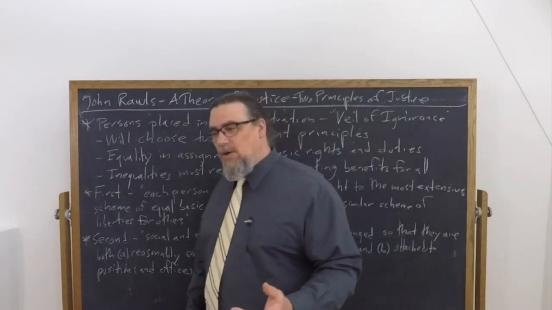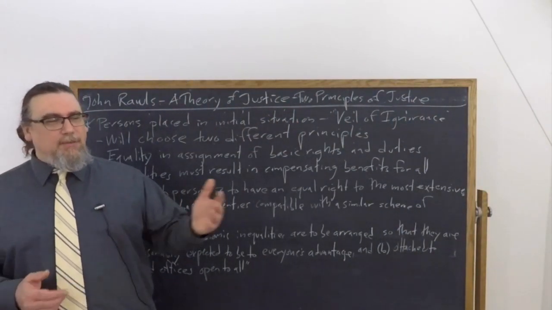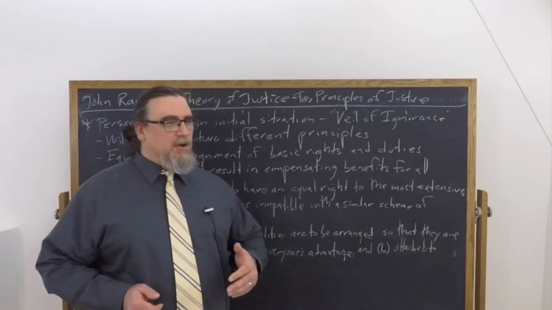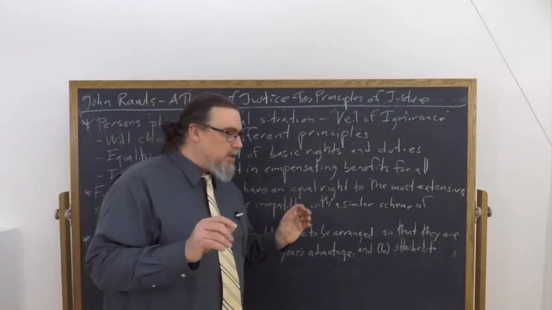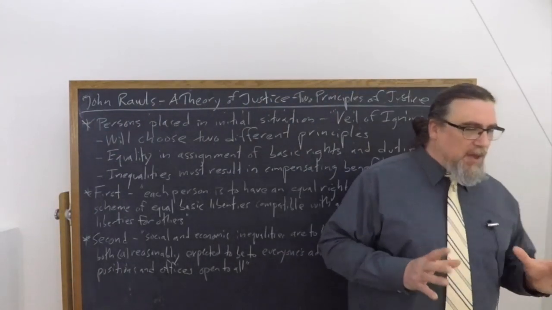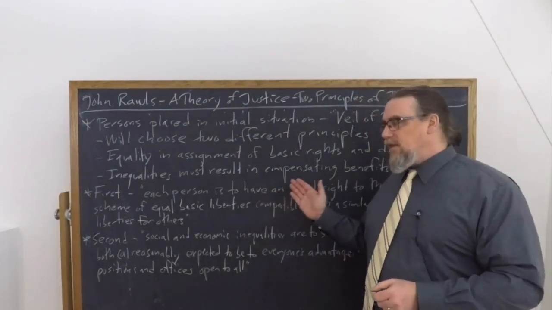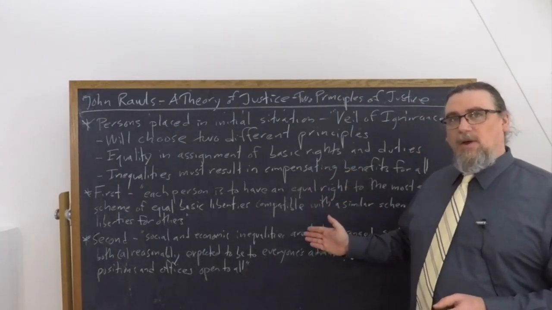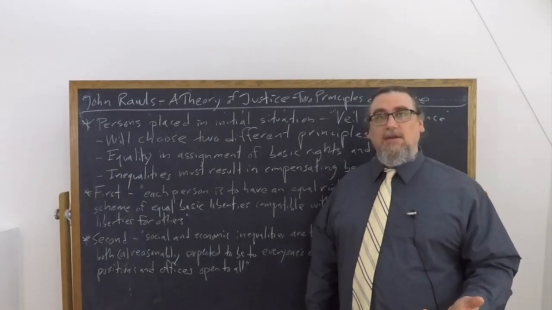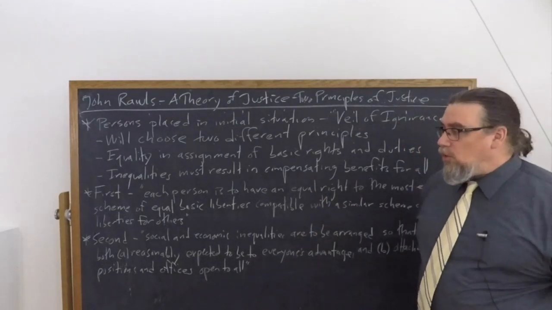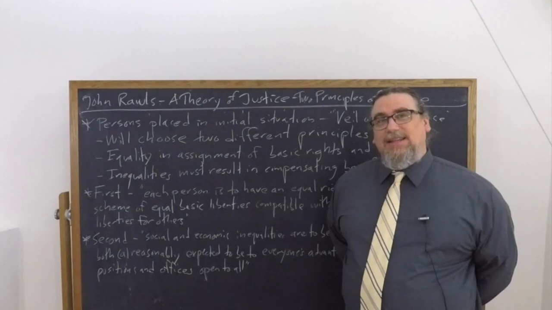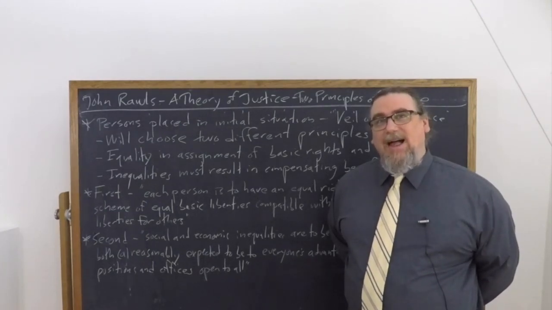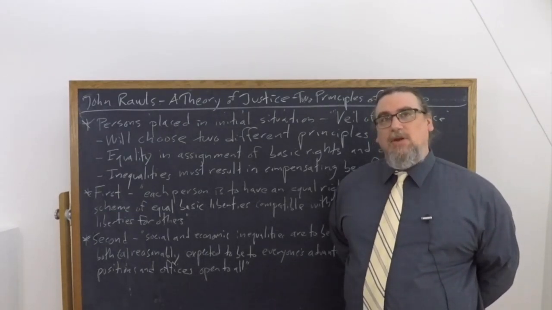Not a merely rhetorical case about job creation, or it's better to be paternalistic and not have people thinking for themselves, or whatever you're going to do, you actually have to be able to make a strong case that the inequalities are going to be to everybody's advantage. And so these two principles provide the skeleton of Rawls's egalitarian conception of justice.